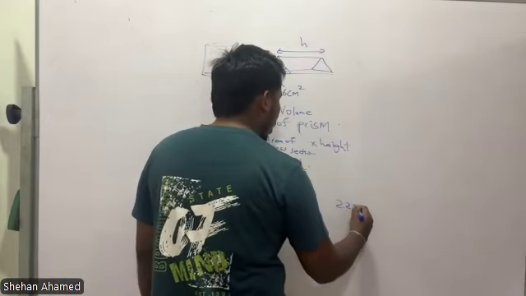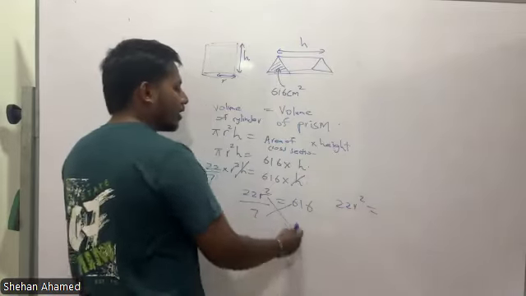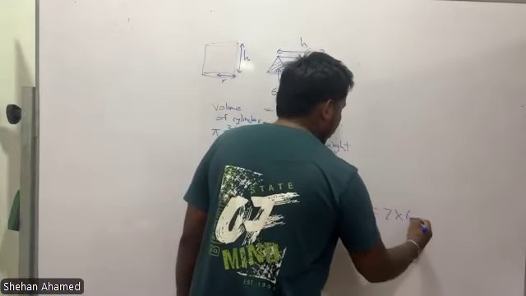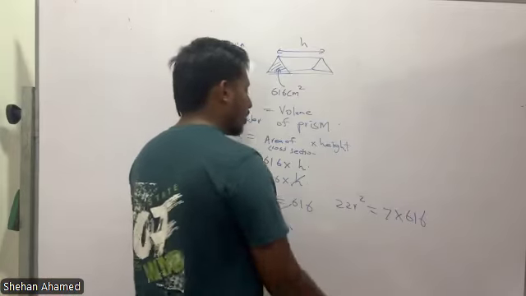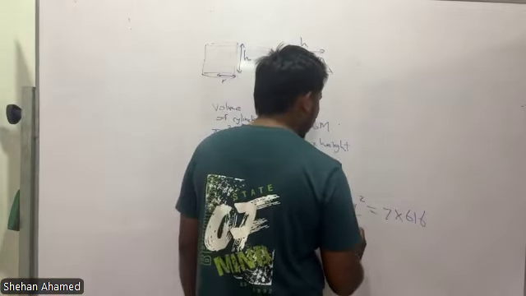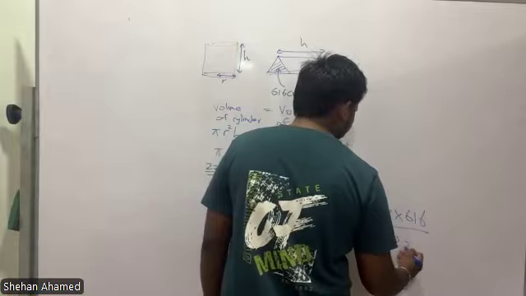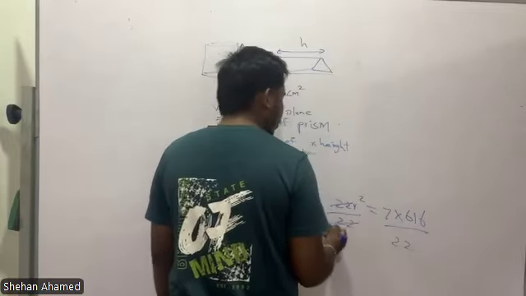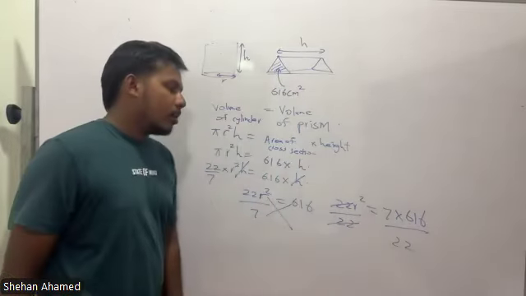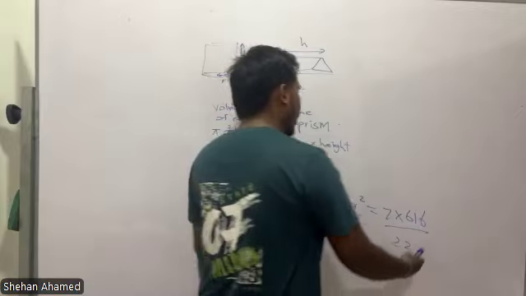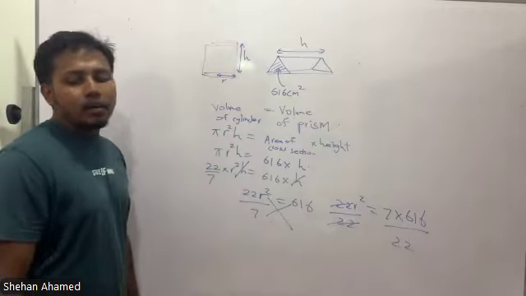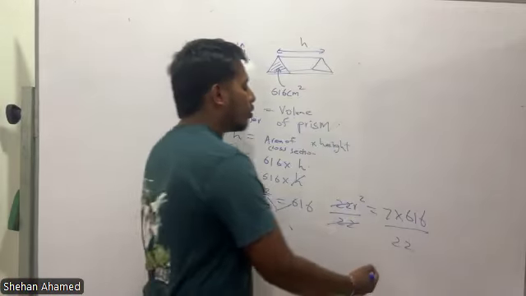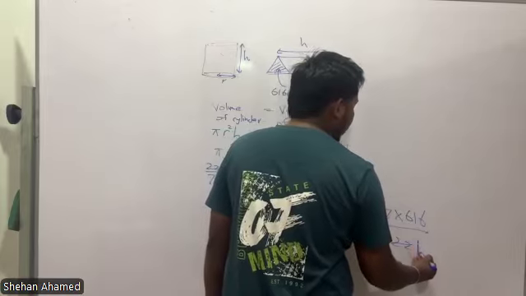So 22 r squared is equal to 7 times 616. And next, what you are going to do? Divide by 22 both sides. 22 cancel. Right? And 616 and 22, what you can do is divide by 2. 22 you can divide by 2, you end up with 11.